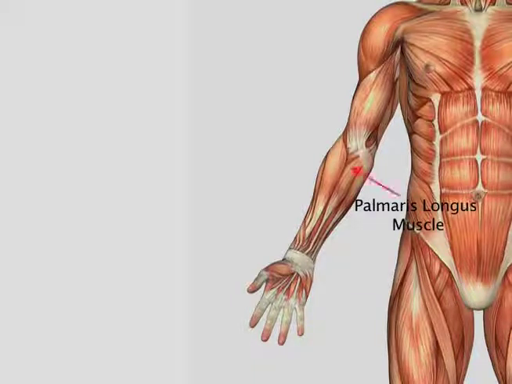Palmaris longus originates from the medial epicondyle of the humerus, but it has many tendons. You can see in the diagram it has 4 tendons, and they attach over the tendon sheaths of the second to fifth fingers.